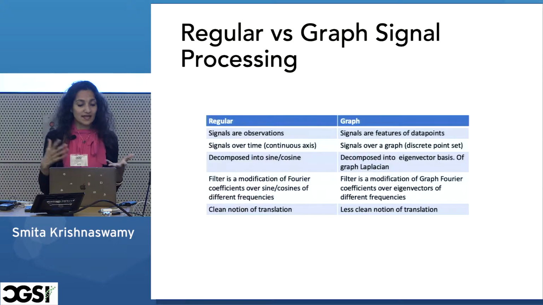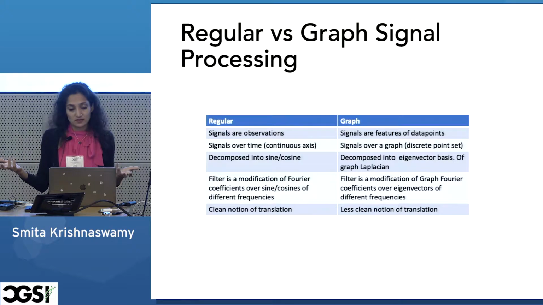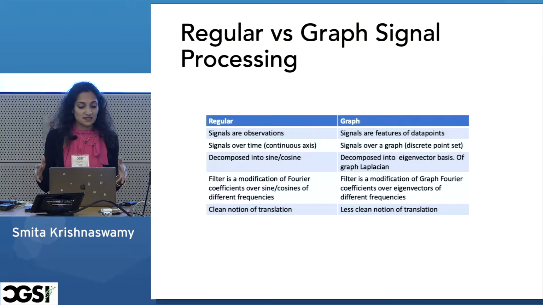So just in case you're familiar, here's the difference. In regular signal processing, you could have signals or some kind of time-varying observations, but here signals are features of your data points. Signals in regular Fourier analysis might be some signal over time. Here we have signals over a discrete point set.